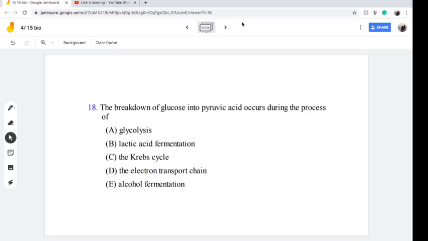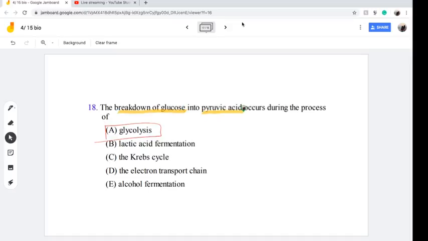Since glycolysis basically means breaking down glucose, as we talked about before, the answer would be A, glycolysis. If you guys didn't catch that, it's because it is the breakdown of glucose into pyruvic acid.